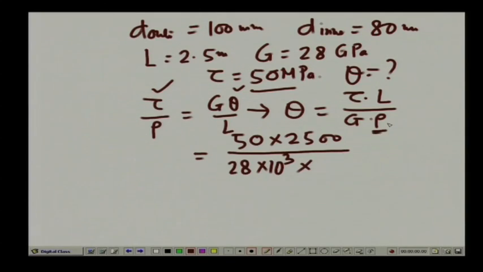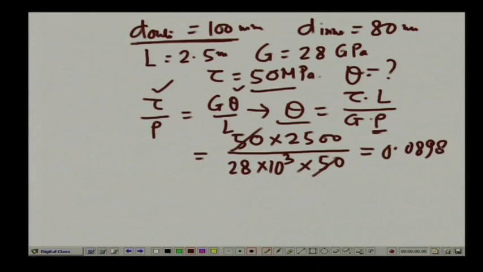Now, the maximum shear stress will occur on the outside face. So, the outside diameter is 100, so the rho here is 50. So, this gives us the value of theta as 0.0898 radian, and when we compute this in terms of degree, it is 0.0898 into 180 by pi.